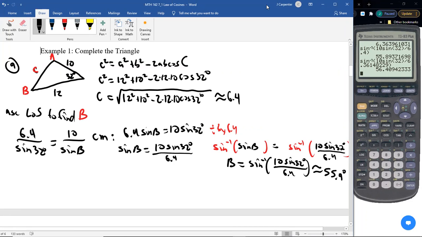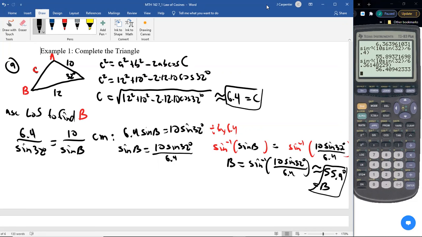All right, so that was angle B. So we've got length C. We've got angle B, which means the only thing we have left to find is angle A, which we just do the 180 minus the rest. So A would be 180 minus the 32 degrees minus what I'm calling 55.9. I've already showed you that this is not exact.